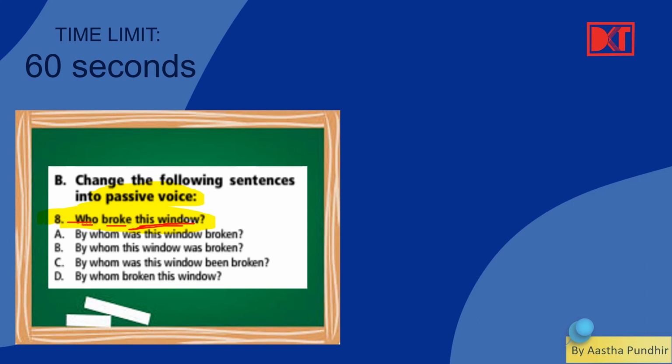So who goes back and becomes the object. So it will be by whom. Then for broke, we use the past participle. So by whom was this window broken? Alright, so the correct answer accordingly is here A.